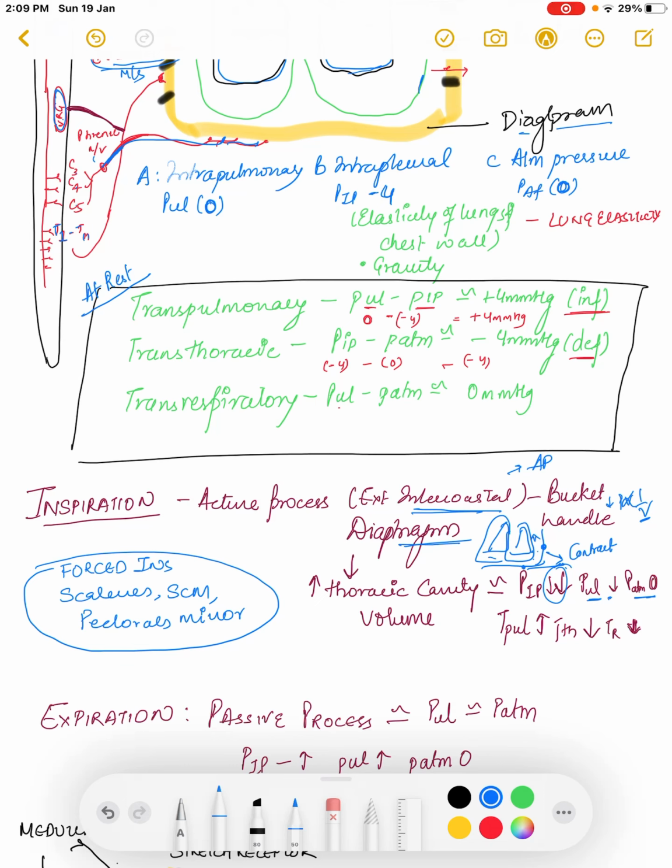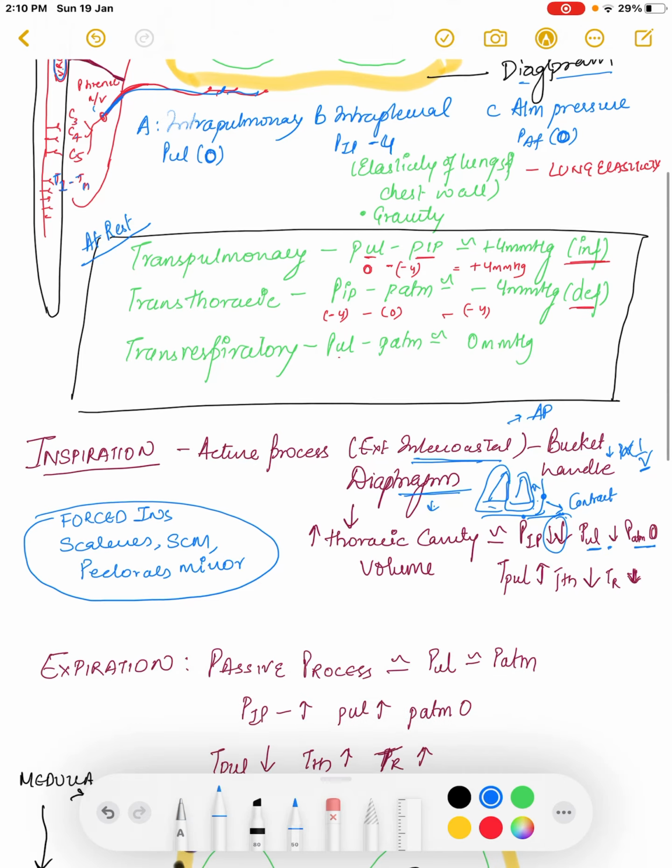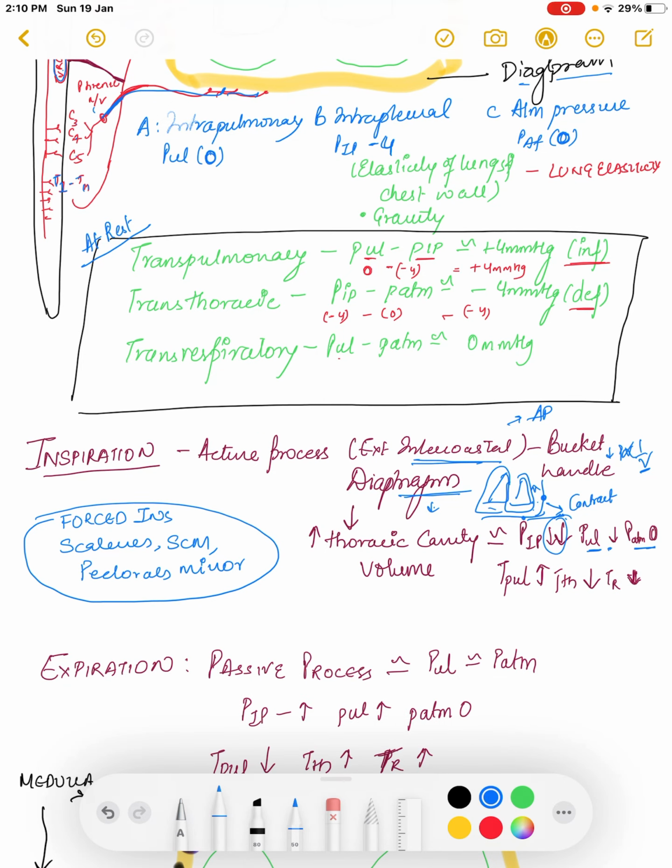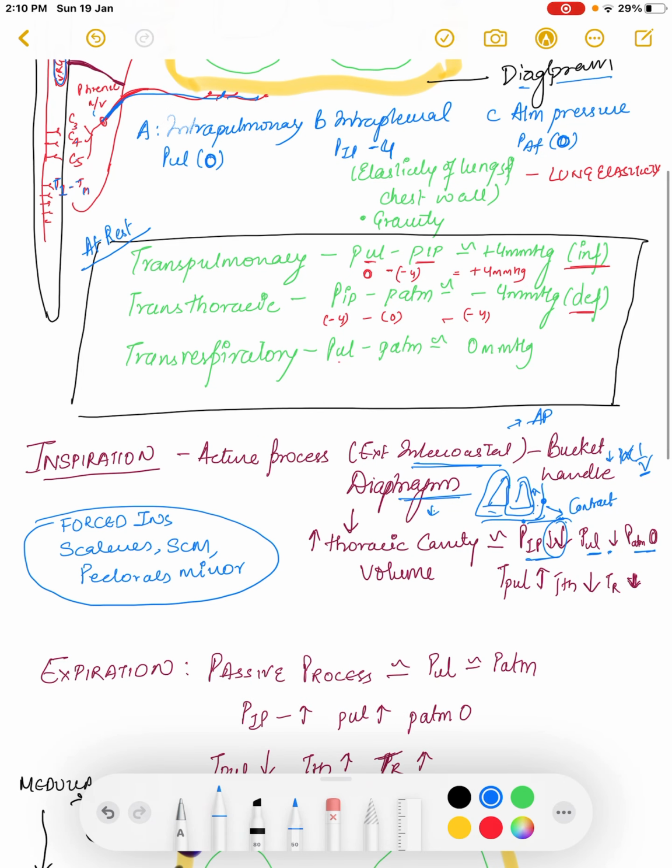The contraction of the diaphragm increases the horizontal diameter of the thoracic cavity, which is like a bucket handle movement. Together these increase the thoracic cavity, which decreases the intrapleural and intrapulmonary pressures.